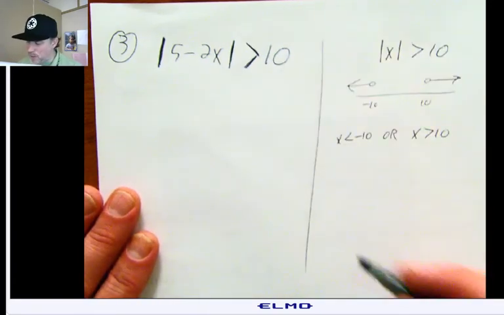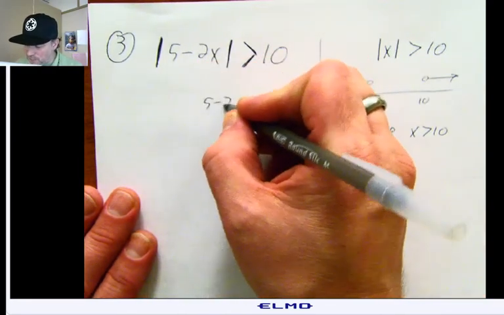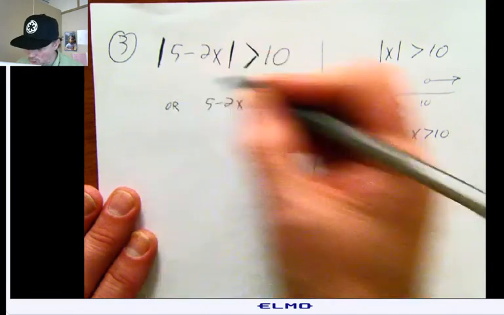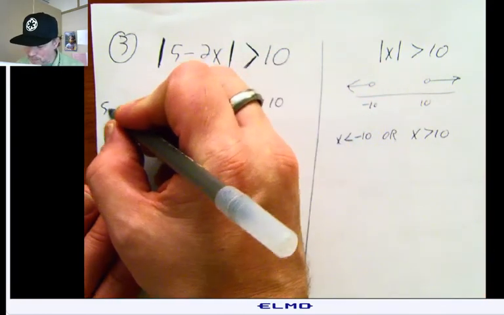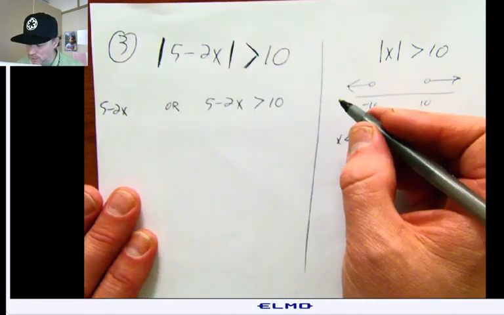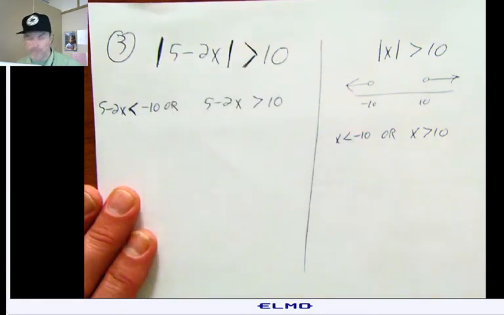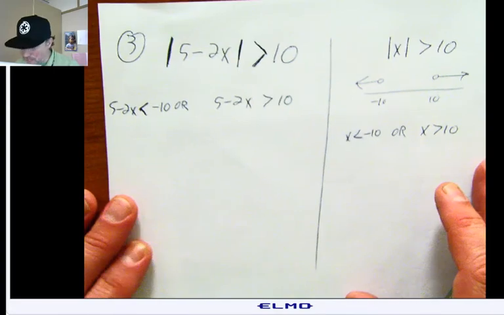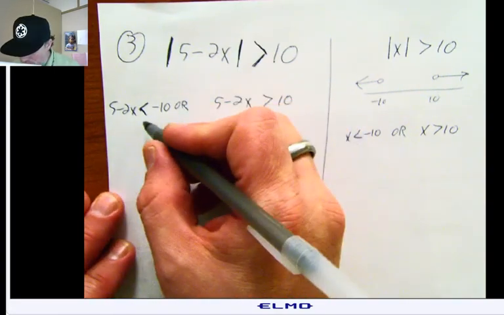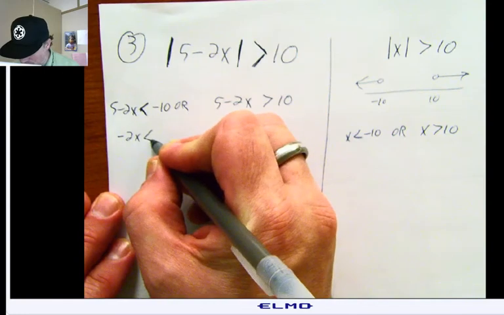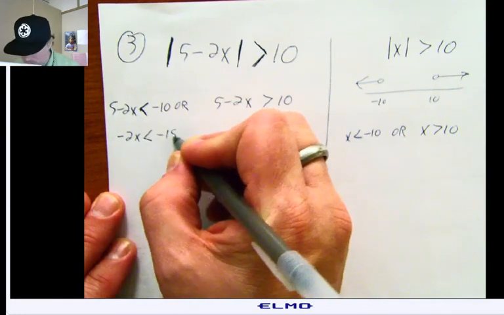Same scenario here. So either 5 minus 2x is greater than 10, or 5 minus 2x is, flip the inequality, less than negative 10. Solve them independently. This one, subtract 5 from both sides, so negative 2x is less than negative 15.